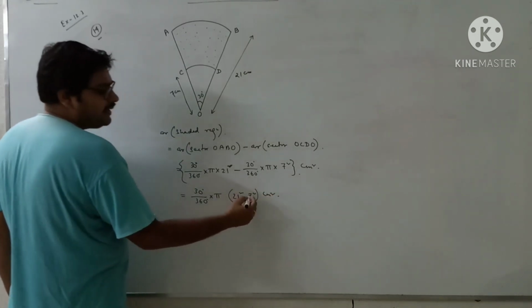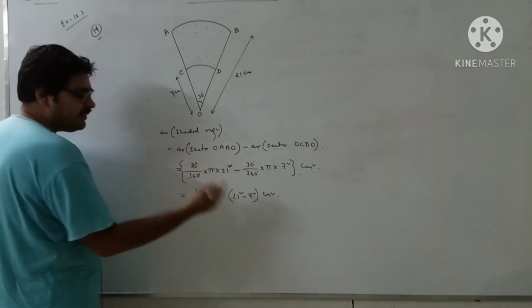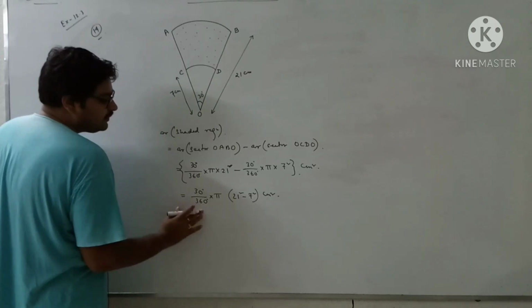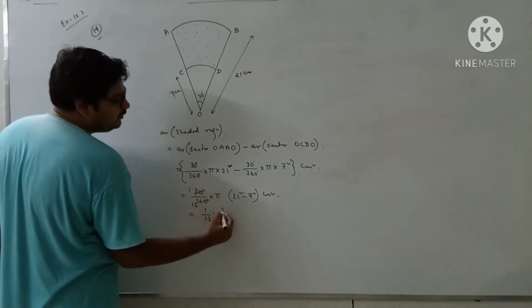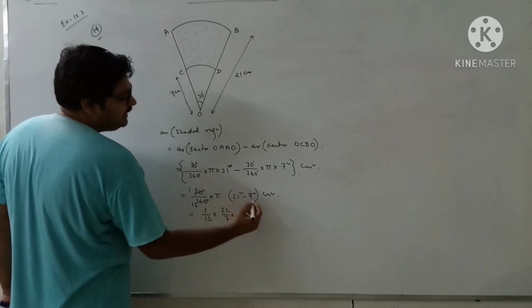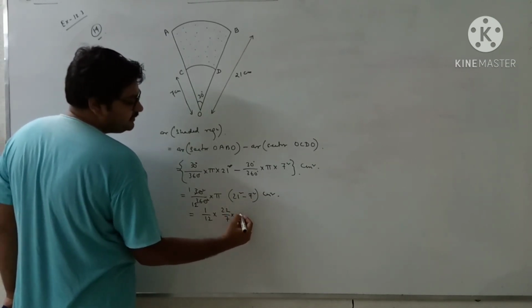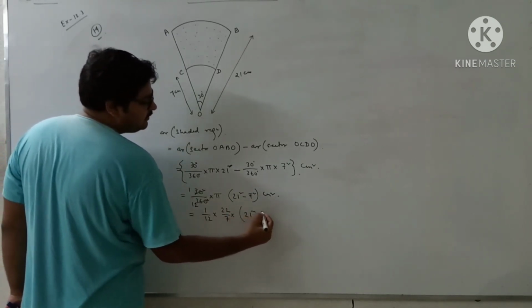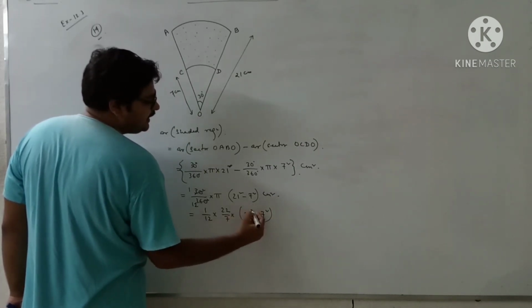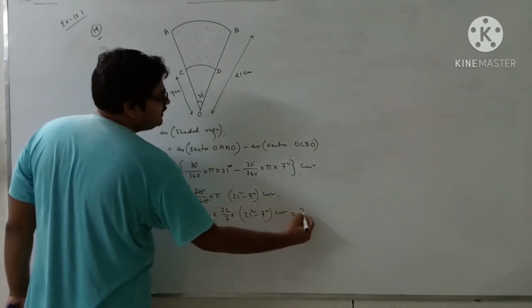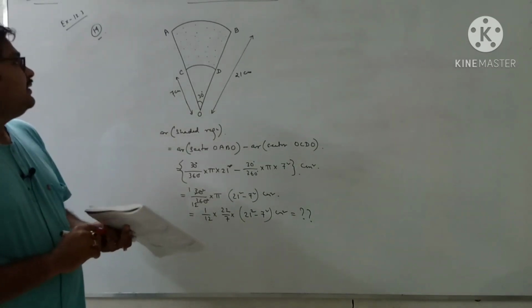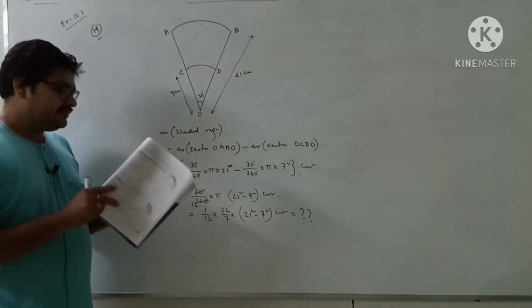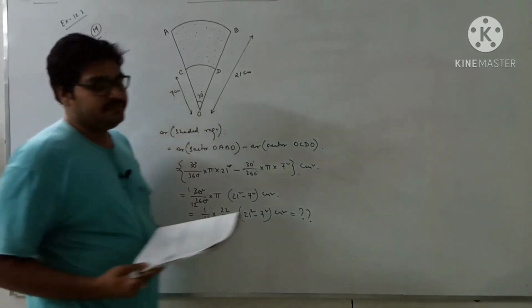We can apply the a square minus b square formula, a minus b into a plus b, doing the cancellation. Put pi as 22 by 7, and the leftover calculation part you complete yourself and find out the final answer. Okay, I'll move to question number 15 now.